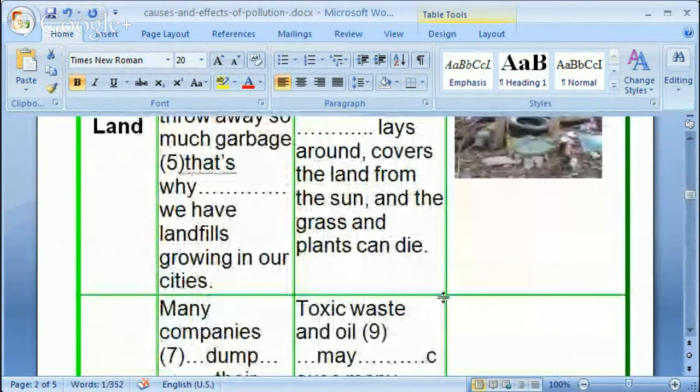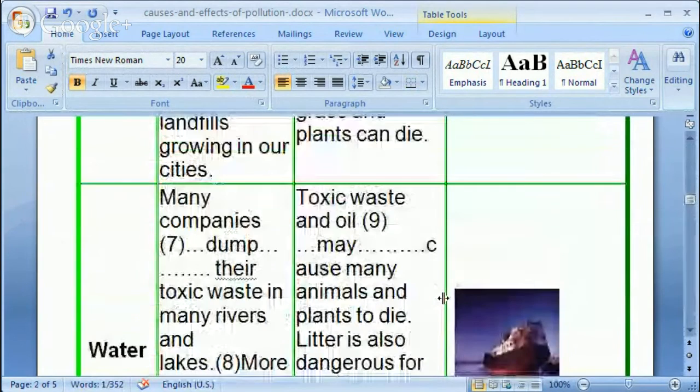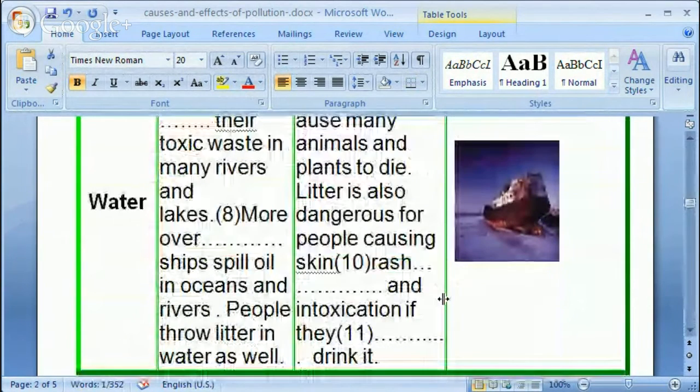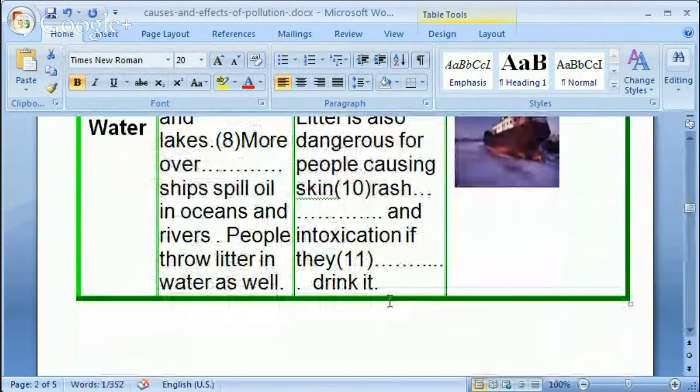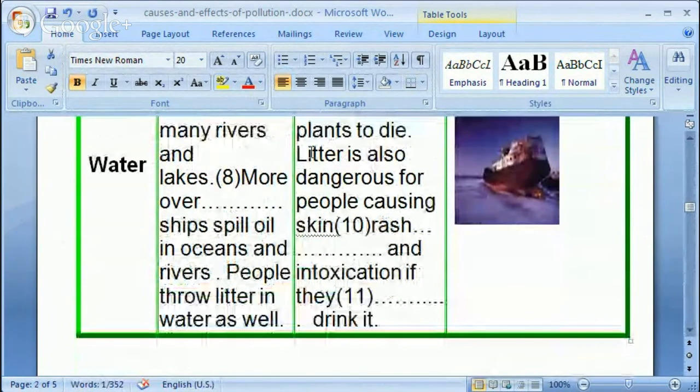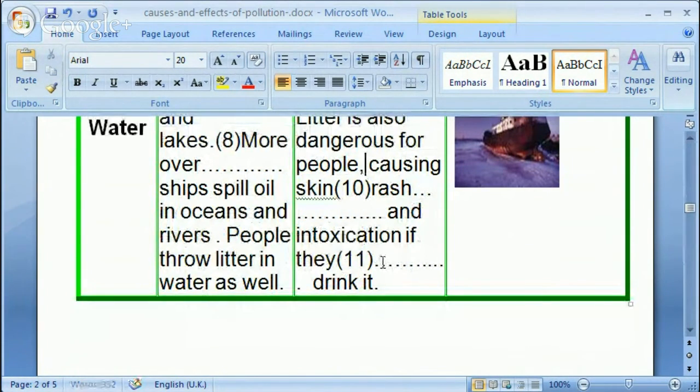exercises that we had. The one that didn't make any sense at the end. Okay. Let's take a look at this again. Litter is also dangerous for people, causing skin rash and intoxication if they something drink it.